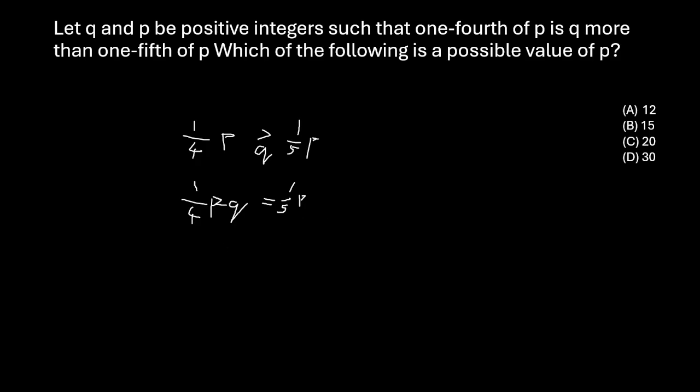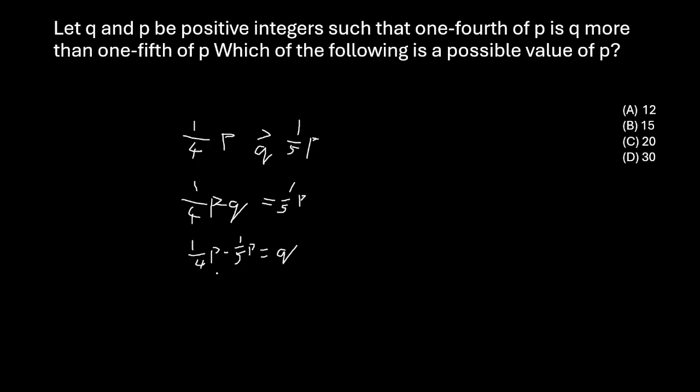Okay, now we just subtract 1/5 of p and add q, so we end up having p and q on two different sides of the equation. And now we do the same.